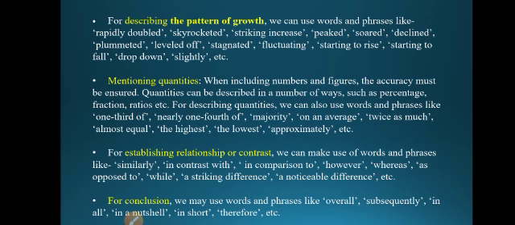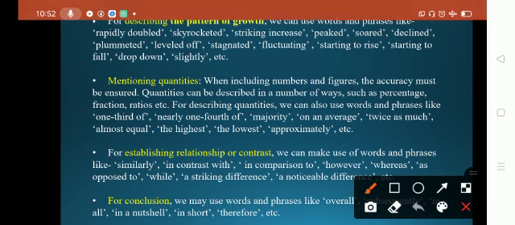So the most important, how to describe the pattern of growth? We have some tailor-made phrases, okay, which we must keep in mind while writing an analytical paragraph. So what are those? How to show the pattern of growth?